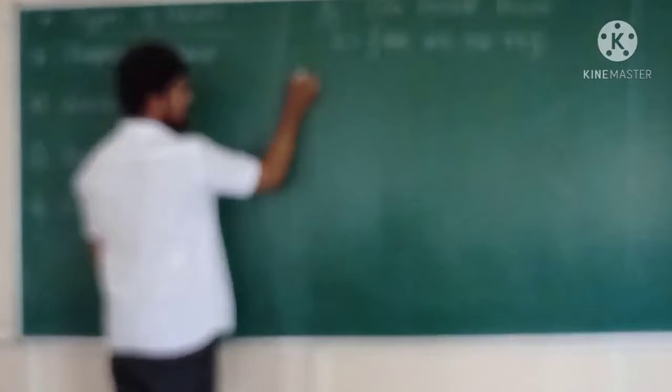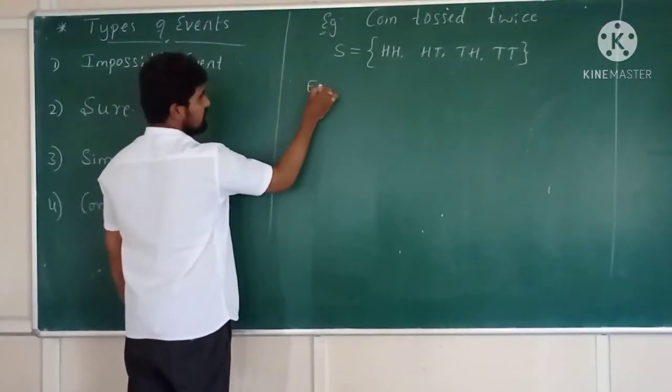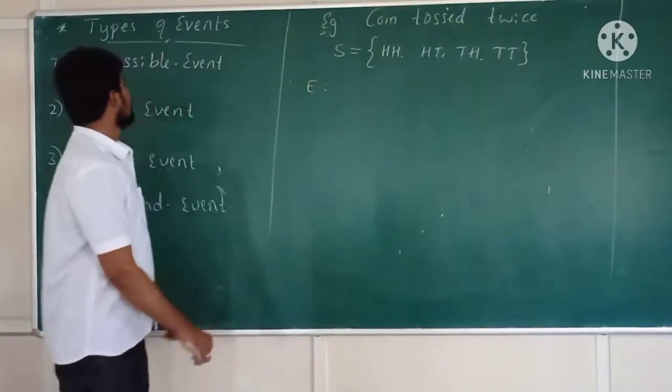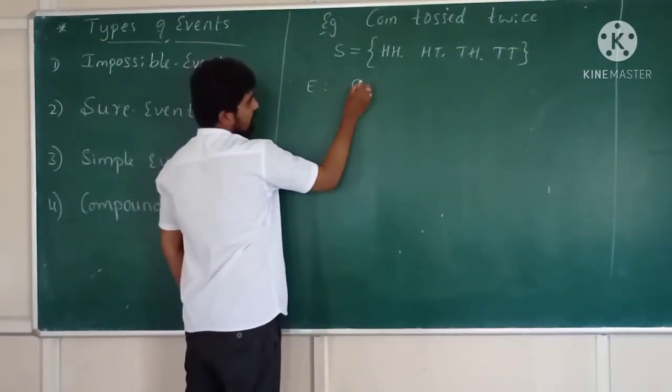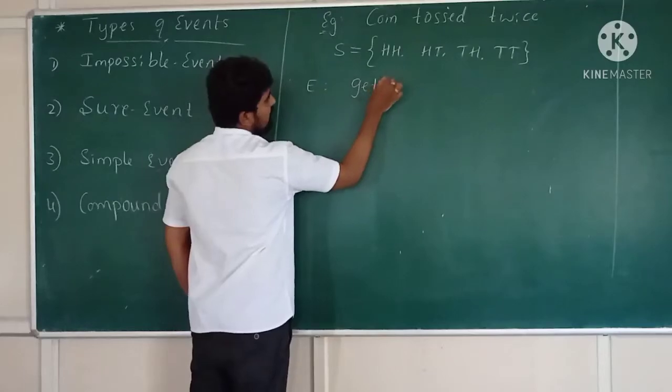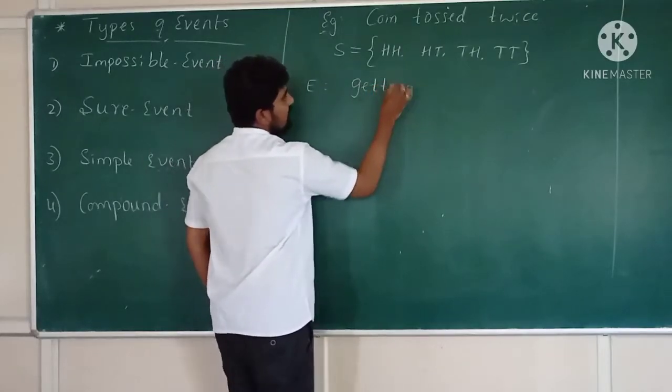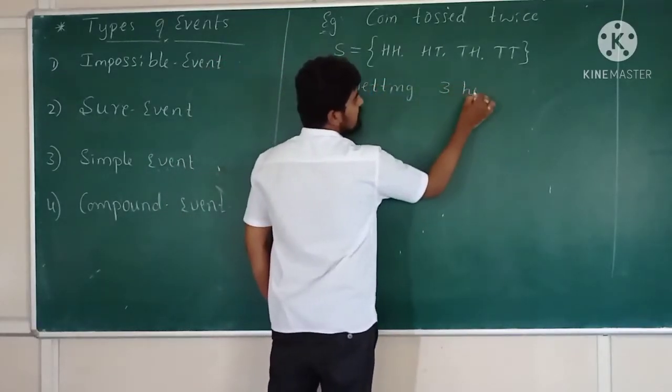So let us consider an example for the event, and the event is E. E is the event consisting of getting 3 heads.